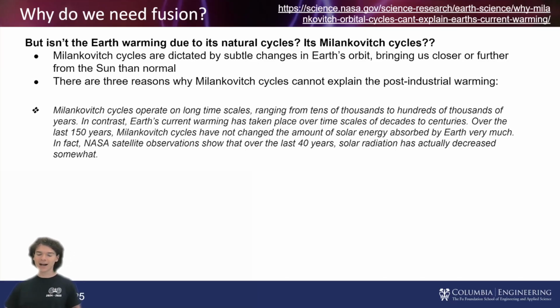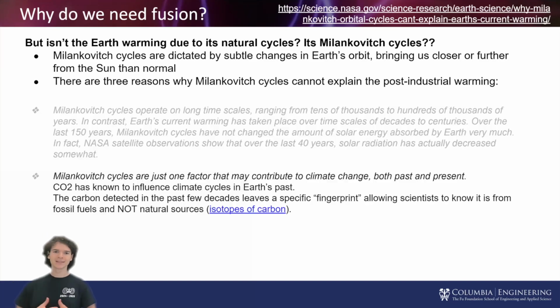And in the last 150 years, I think this is a really interesting stat: the sun's energy output and how close the Earth is to the sun have not changed much, but over the past 40 years, we've actually had a decreased amount of solar radiation reaching the Earth. So this doesn't provide a link to warming, because obviously for warming we would need more solar radiation reaching the Earth.